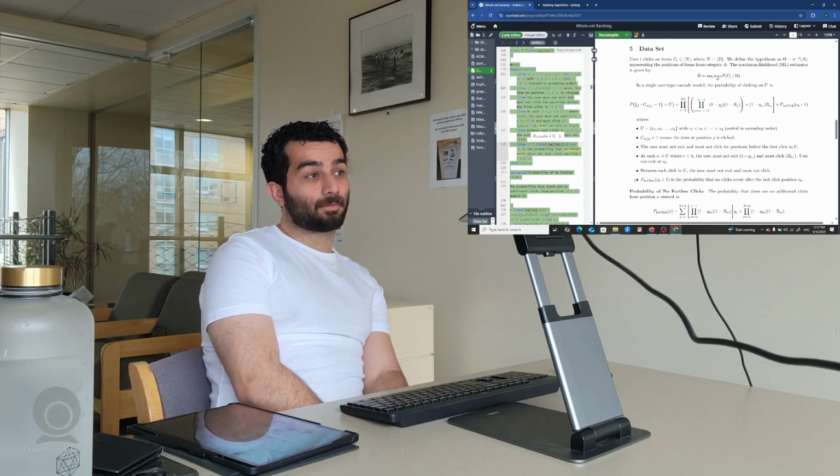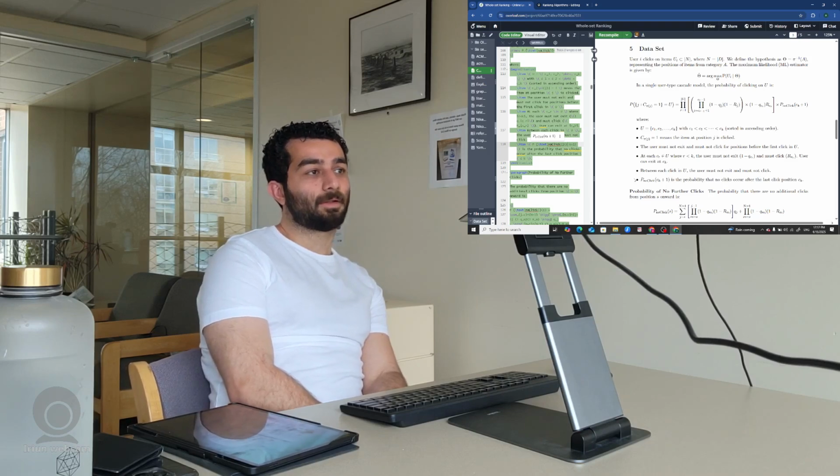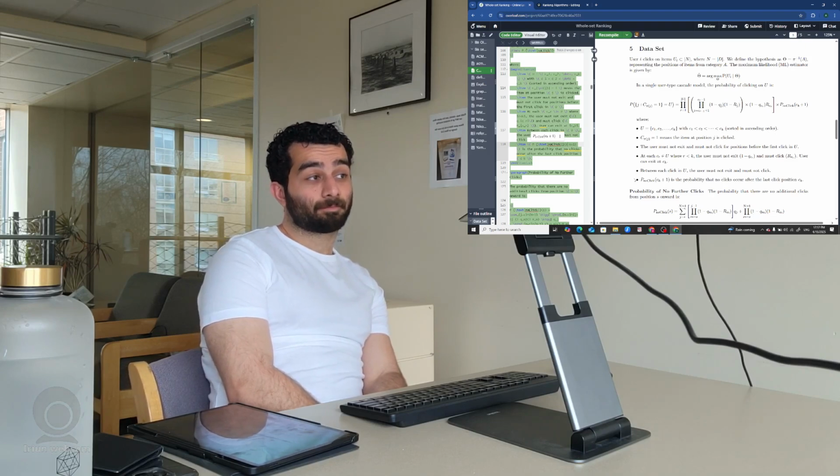Either they exit or you have no further clicks. That there are no additional clicks from position S onward is that either we exit at QS. We need to consider that as well.